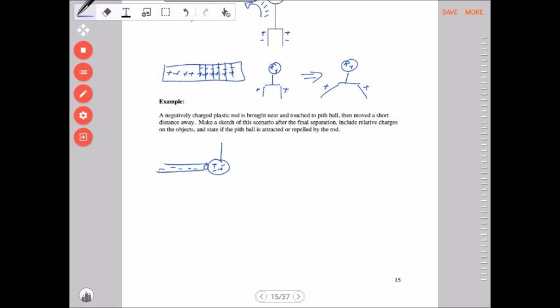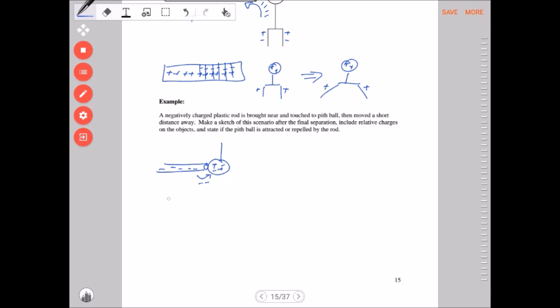Okay, so now what ends up happening here is, oh, that's negative. So what ends up happening is the electrons are trying to get really far away from each other on the rod, so some of the electrons actually jump onto the pith ball.